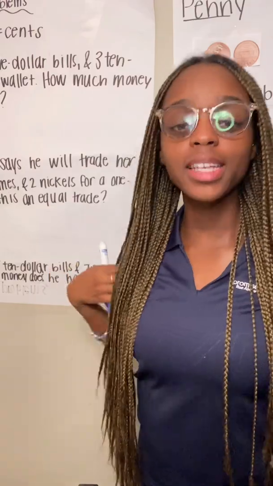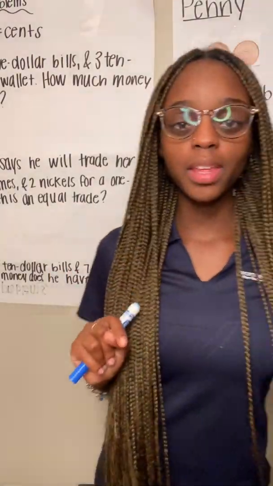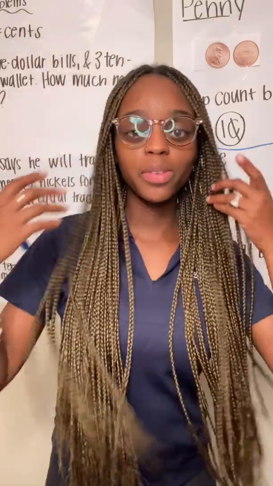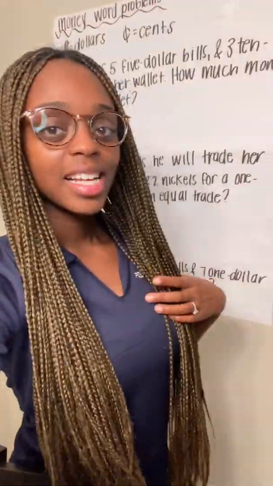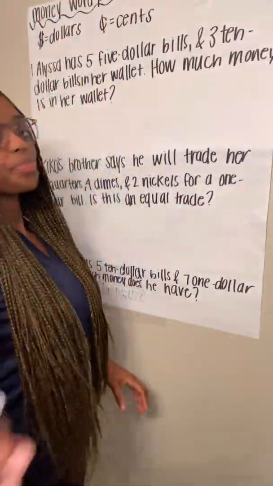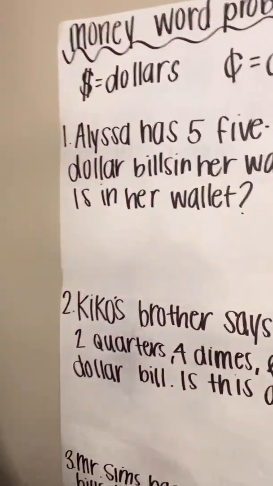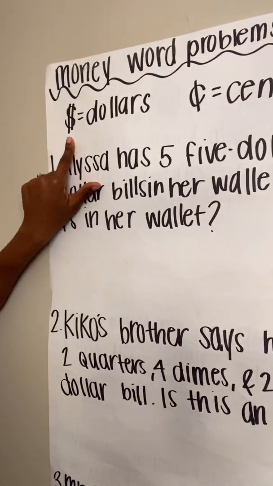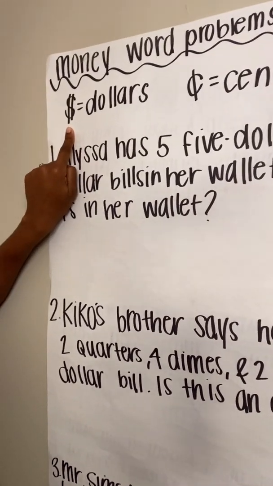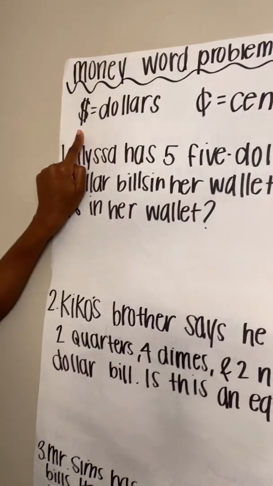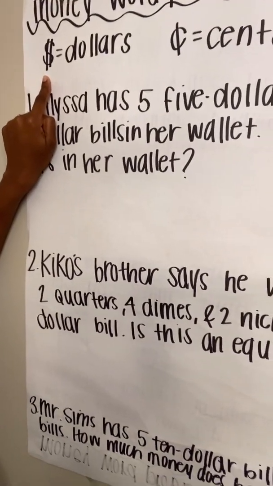Now, before we get started, I want to go over something that I don't want us to trip up over. Like I'm going to trip over this cord. Let's clear something up. This is a dollar sign. Today, we will be using the dollar sign because we will be expressing word problems in dollars.